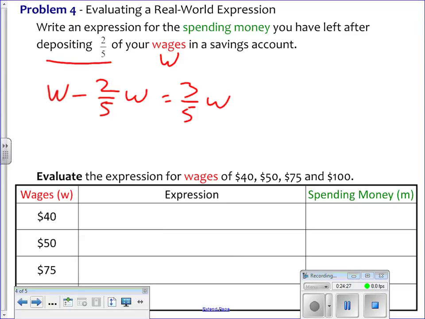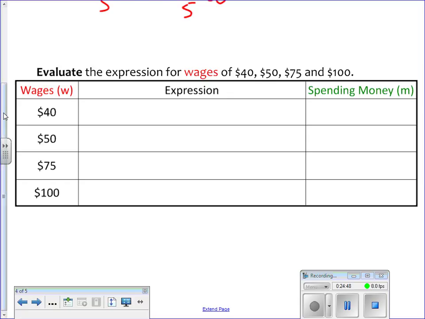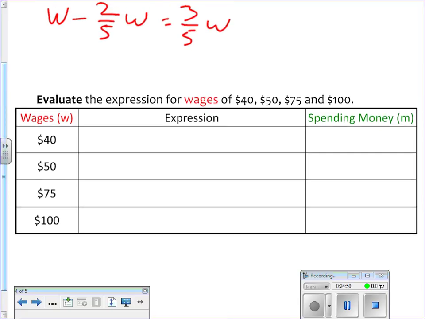I got $5, I put 2 in and I keep 3 out. This is an easier expression to work with than this one. And we want to do things the easy way, do we not? So when we work this problem, our expression we're going to use is 3/5 W.